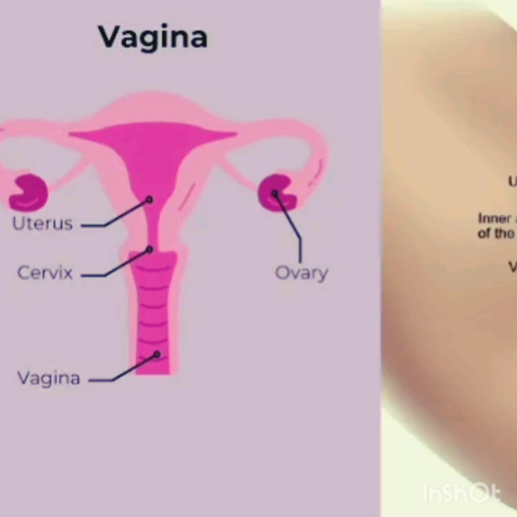So let us take a look at how the child is formed. A male meets with a female.